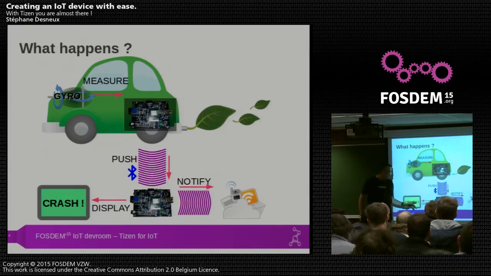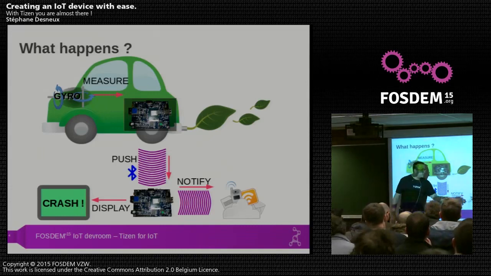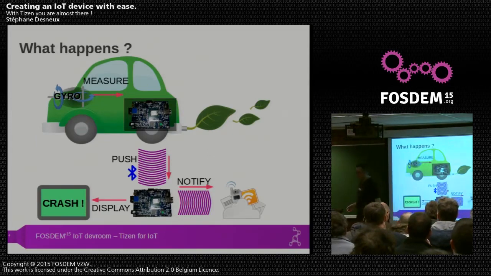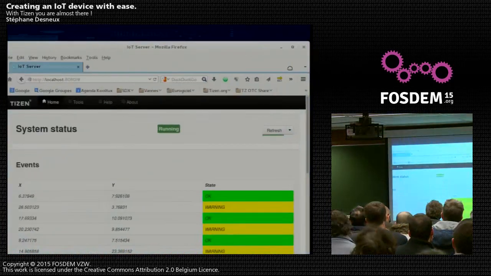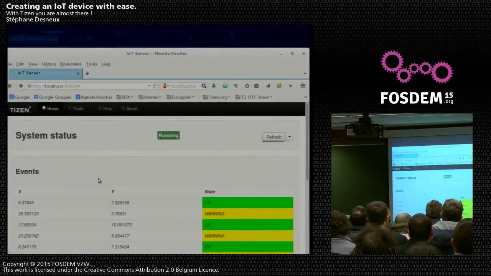This other board will display the behavior of the car, and I also simulated some kind of cloud, which is in fact on my laptop. So I try to switch, if I can. Wow, fantastic.